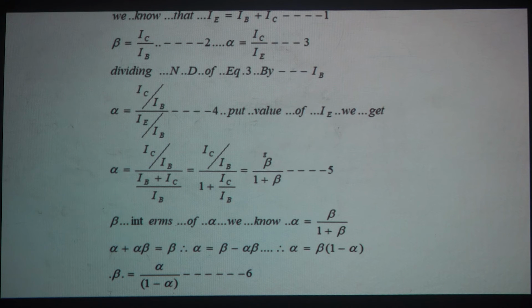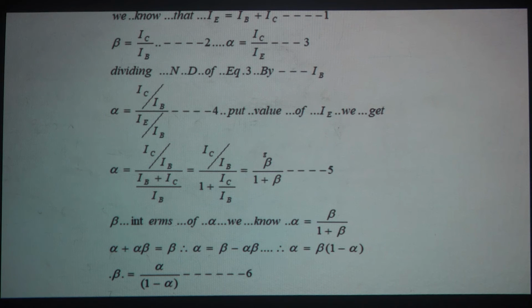If I put the value of IE from equation number 1, I will get alpha is equal to IC divided by IB as it is, divided by, we substitute the value of IE, that is IB plus IC divided by IB, which is equal to IC divided by IB as it is, divided by 1 plus IC divided by IB.